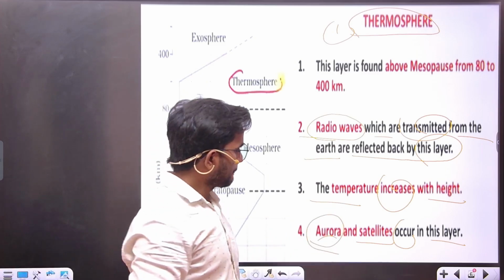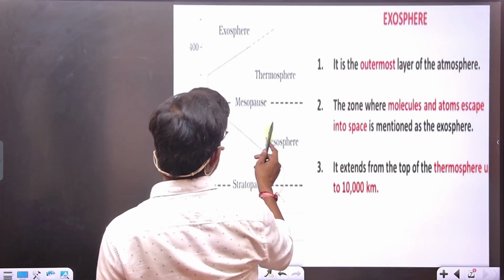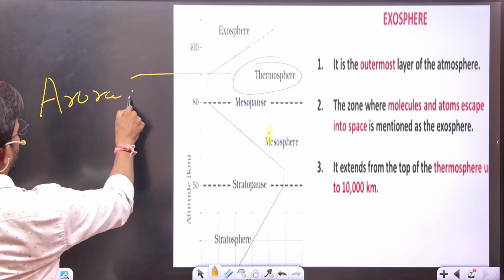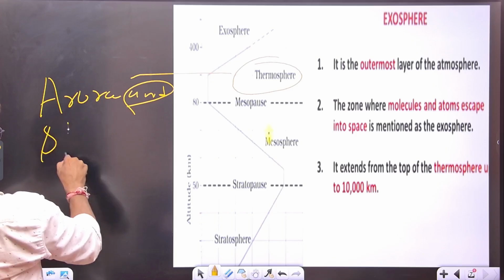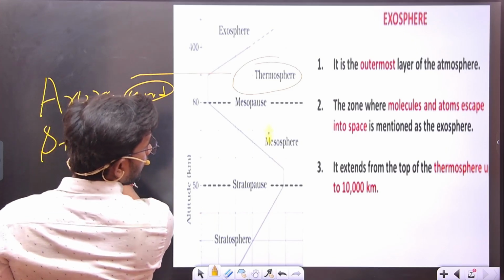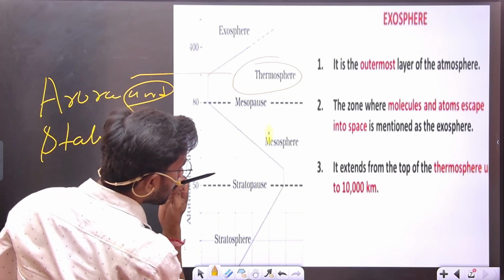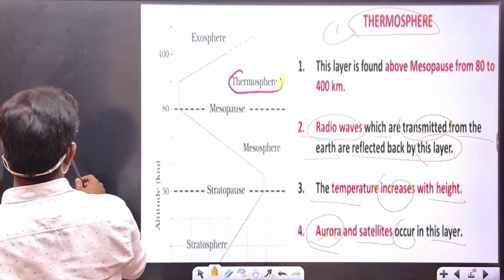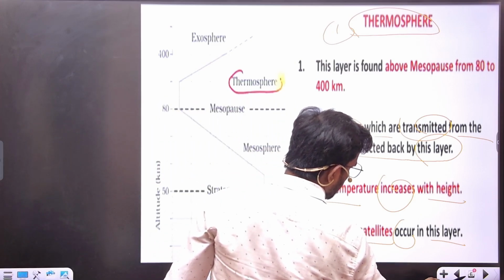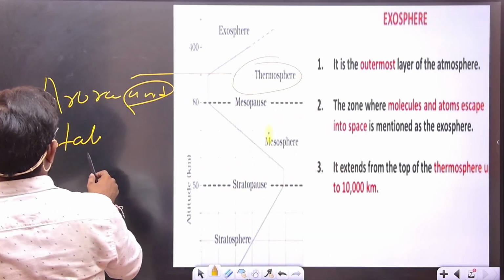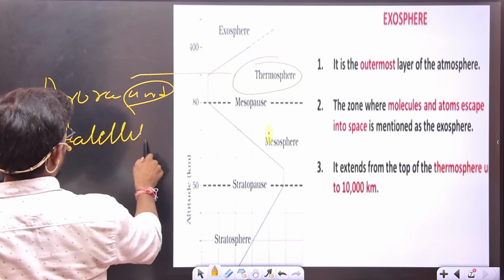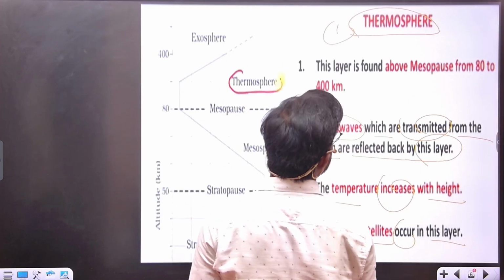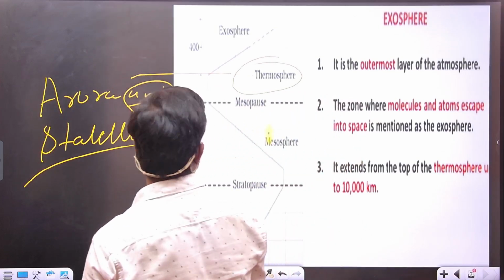Understand the point? Good. Satellite, understand the point? This is the thermosphere.